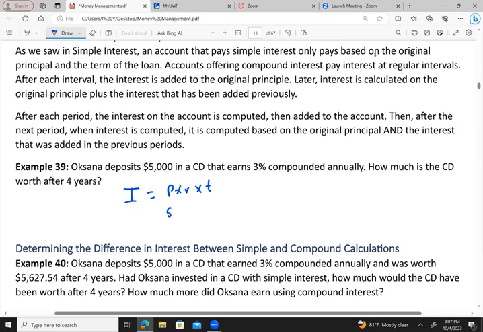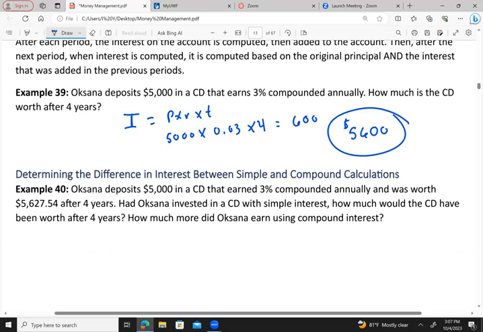I have 5,000 times 0.03 times 4. So my interest earned, 5,000 times 0.03 times 4, is $600. So the total amount would be $5,600.